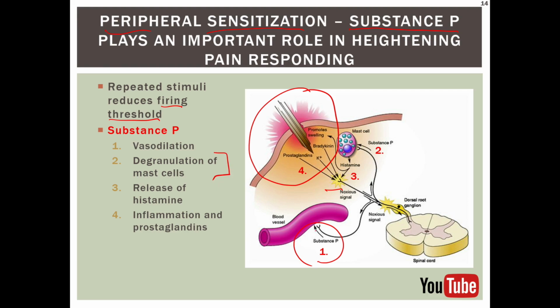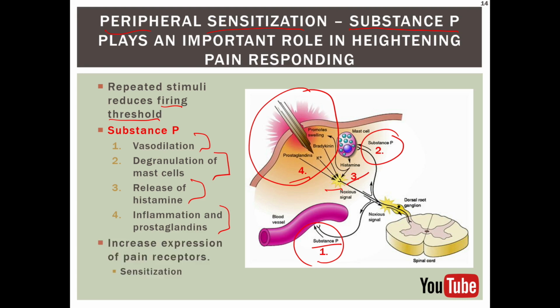So it's stimulation on the blood vessels to cause vasodilation, degranulation of mast cells, release of histamine, and ultimately then the release of other inflammatory mediators such as prostaglandins and bradykinin. And so we've got substance P working here as a vasodilator. We've got it working, causing degranulation of mast cells, release of histamine, and ultimately release of inflammatory mediators such as the prostaglandins.